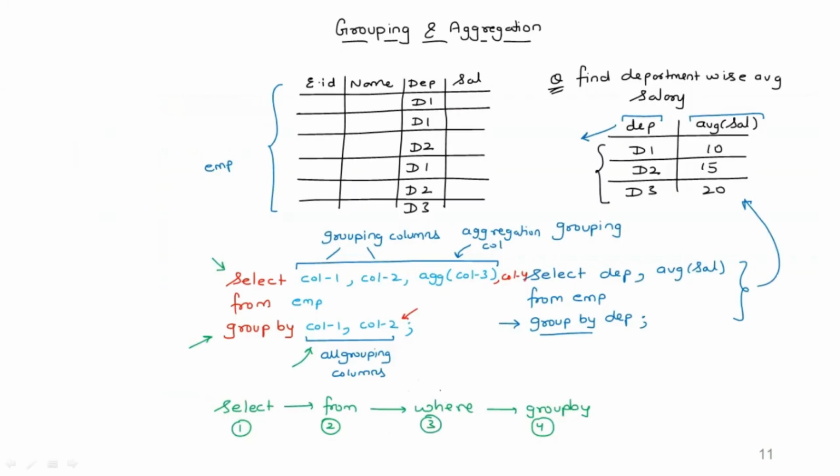Now before I close this, there is one important thing. If I talk about all the SQL clauses that we have covered, we start with select, followed by from, followed by where, followed by group by, followed by having, followed by order by.